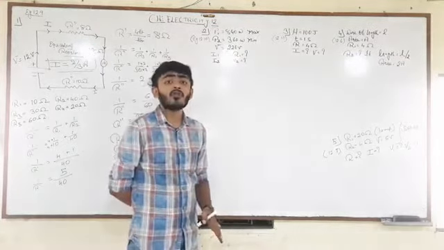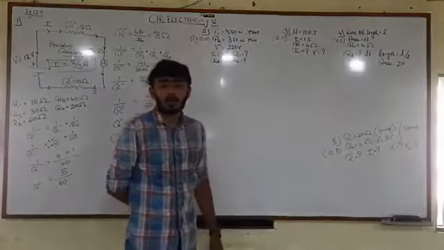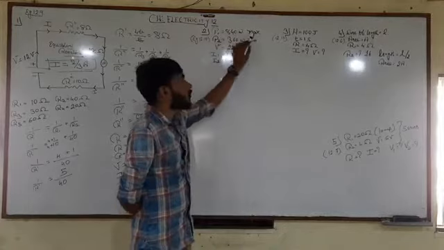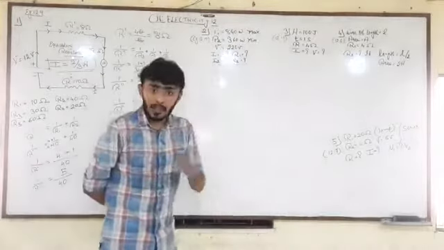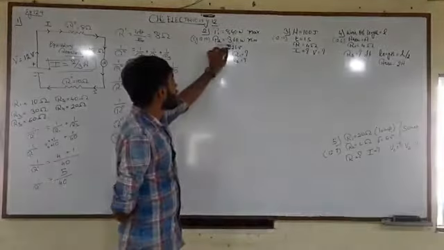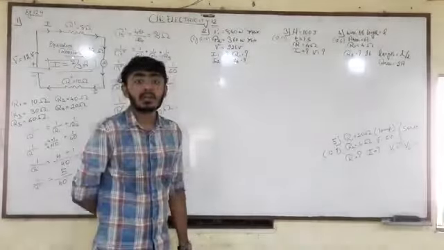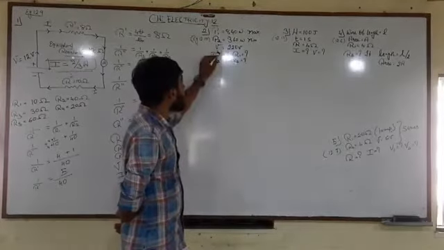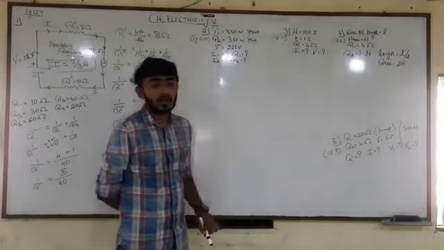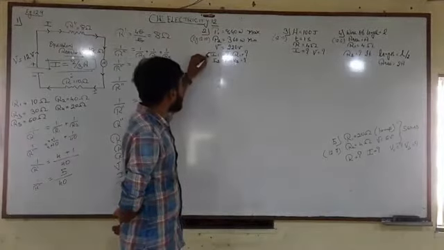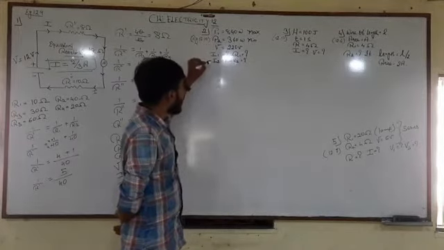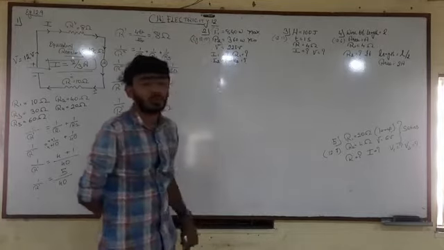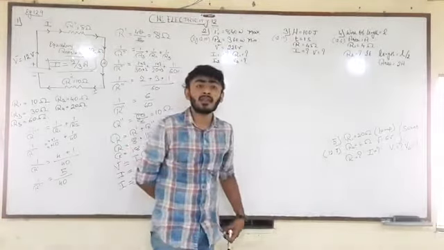The minimum power given in the conductor is 360 watts, and the voltage applied is 220 volts. We need to find the electric current in the first case, electric current in the second case, the resistance in the first and the resistance in the second. I hope you are clear with these things.